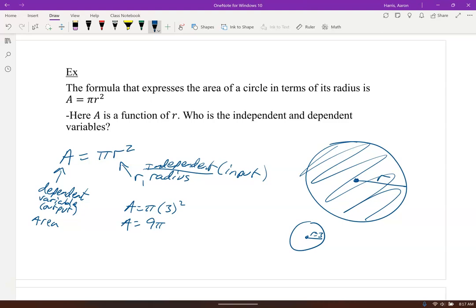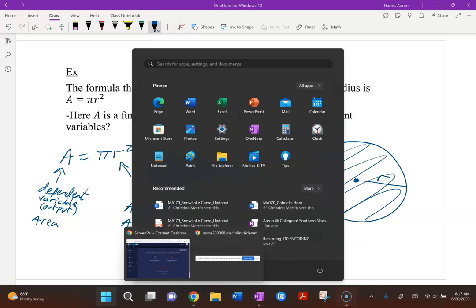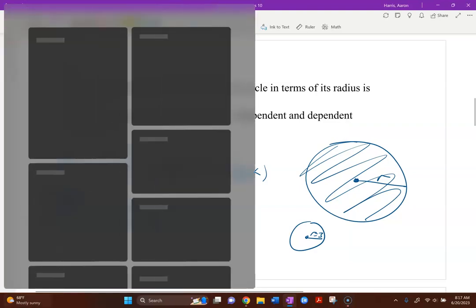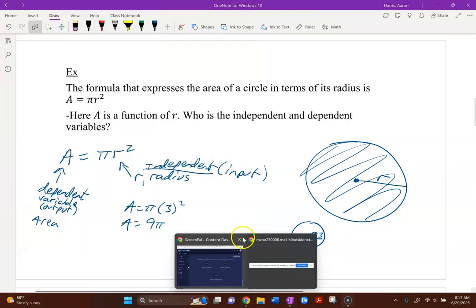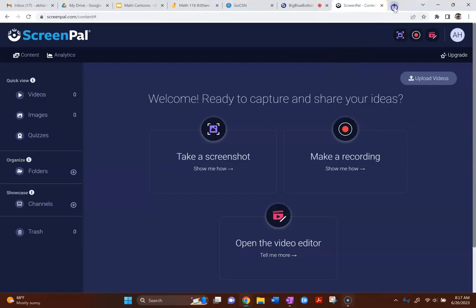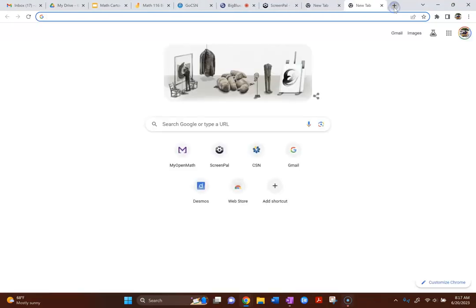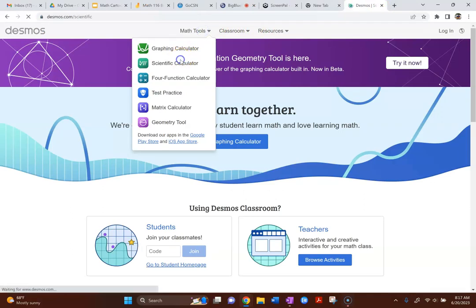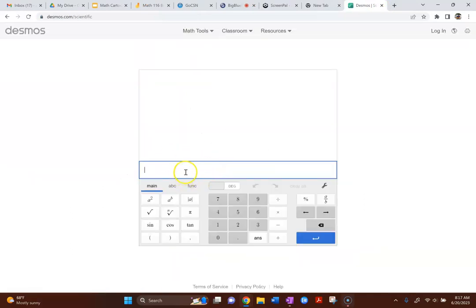Let me pull it up with decimals here. So we have our area is 9 times pi. Looks like we get 28.27433.